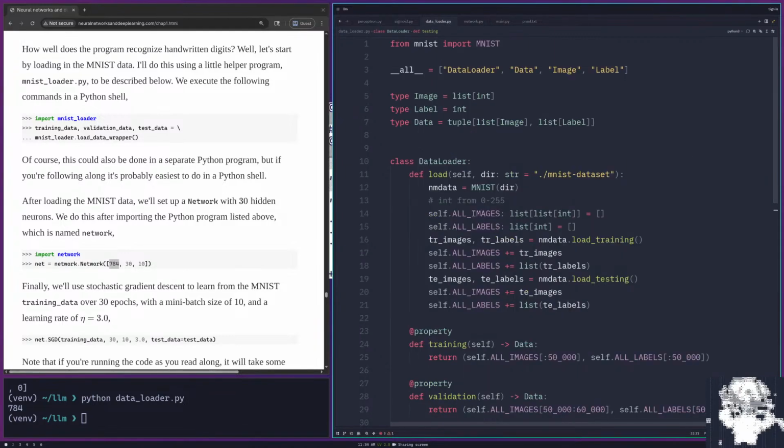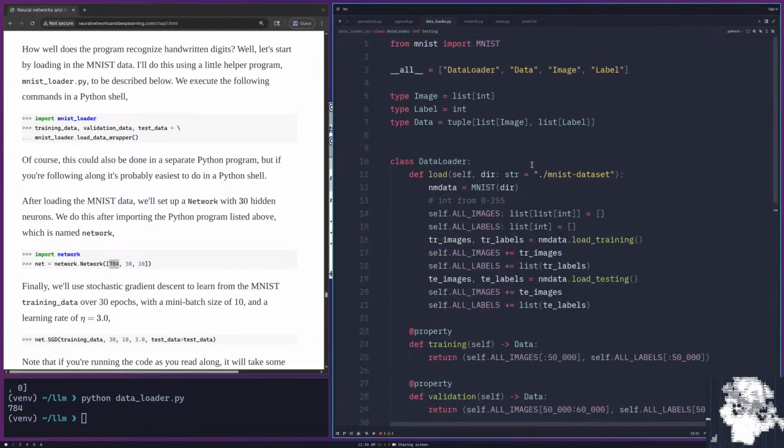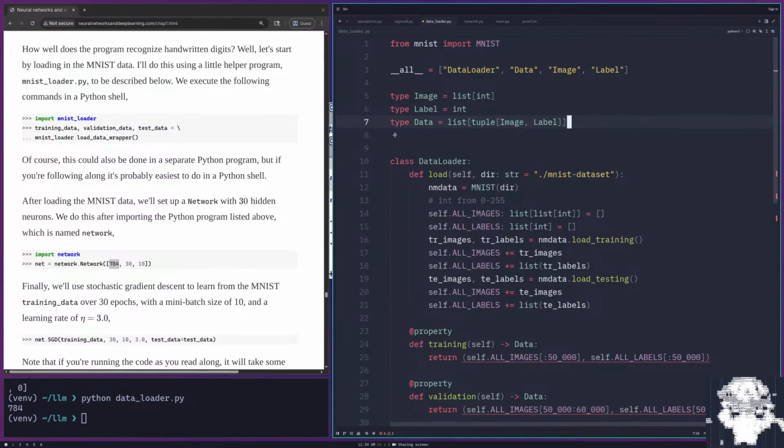But that's actually an inconvenient way of doing it. So I think I actually want one data point. Instead of returning the tuples and you have to zip them when you use them, why don't we zip them ourselves? So data is going to be a list of tuple of image and label.